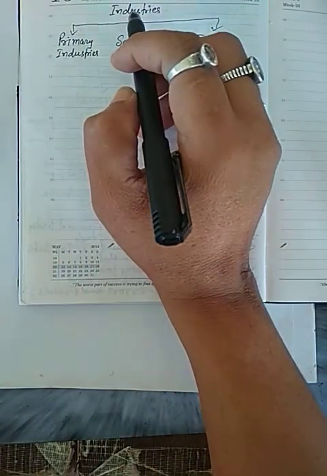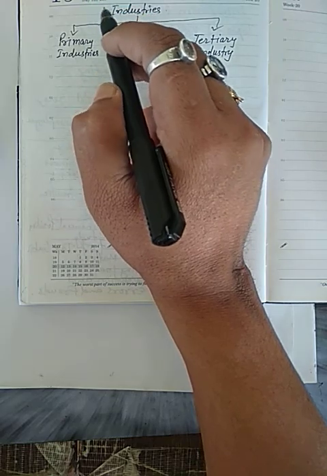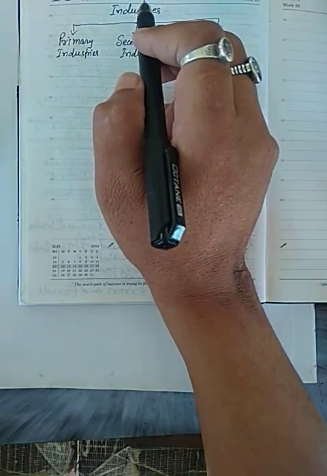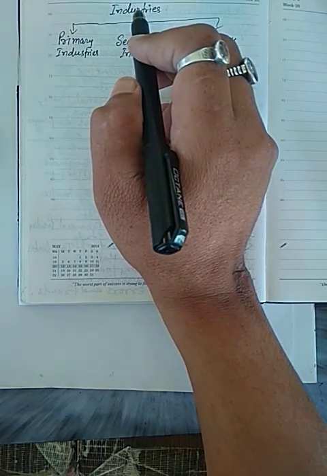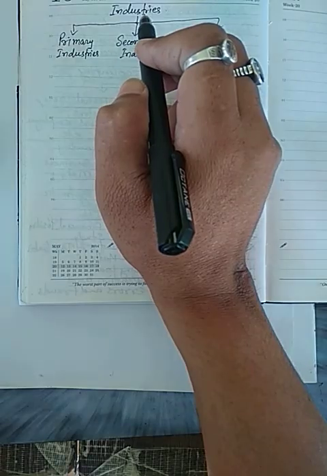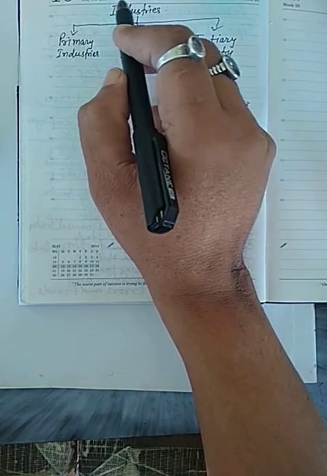The purpose of industry is to create form utility by converting raw material into a useful form of finished product.